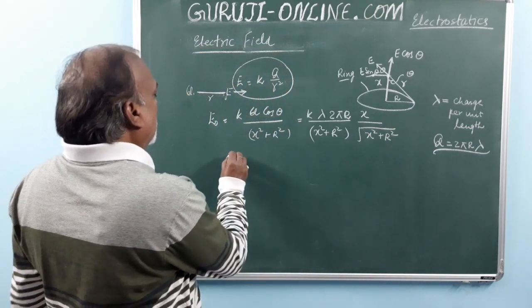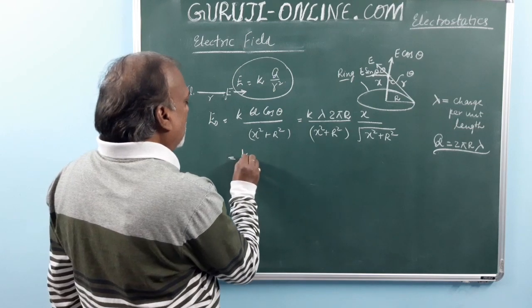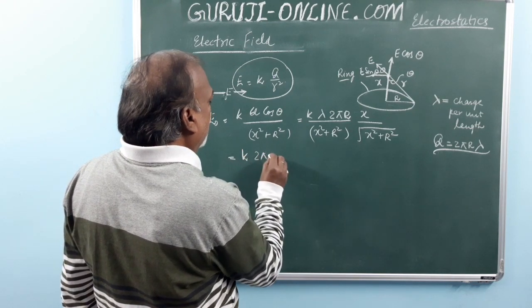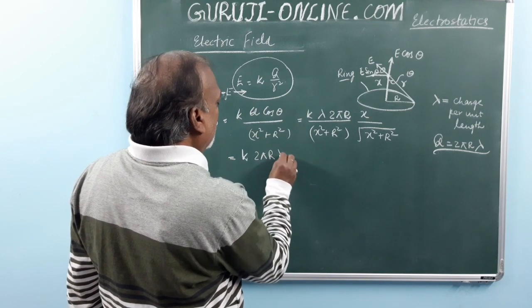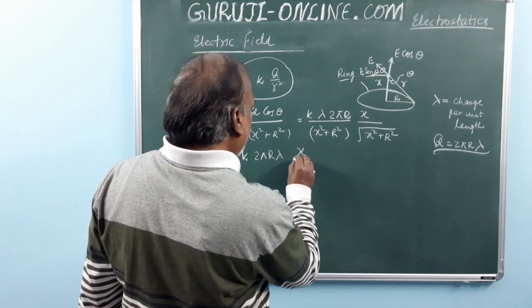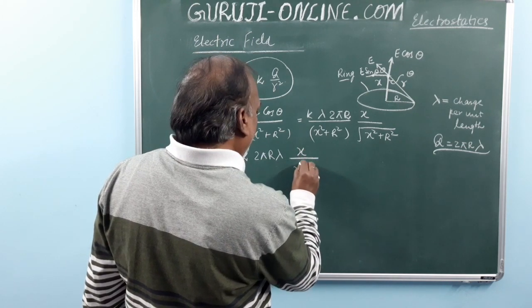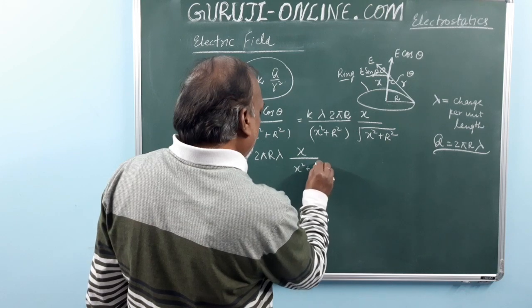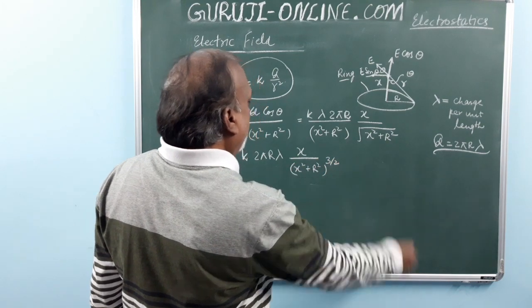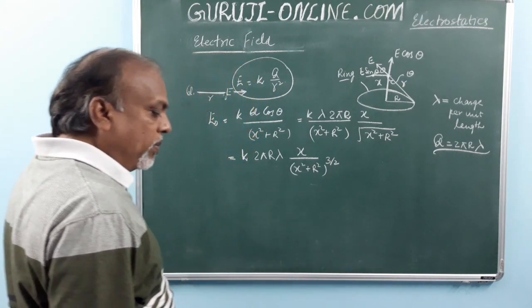That means this is K 2 pi r lambda into x upon x square plus r square to the power 3 by 2.